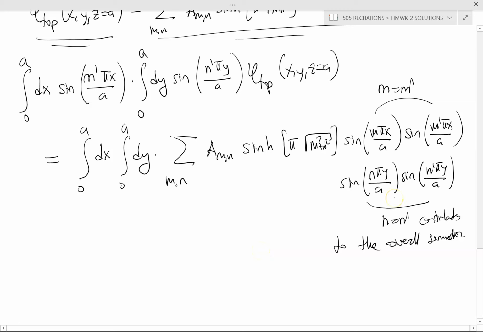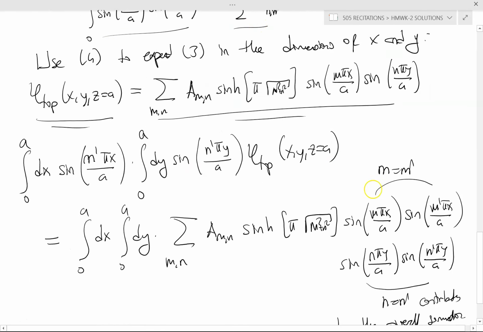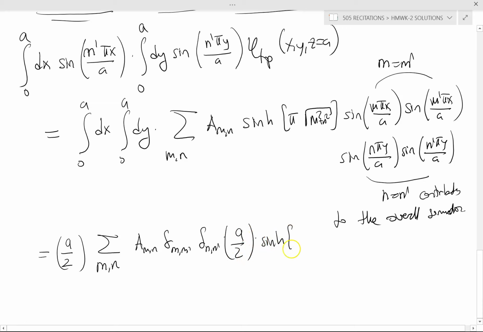So given these circumstances now, let's check out the Fourier again, this integration is equal to this much, a over 2, a_mn, sigma mn prime, similarly sigma nn prime, but a over 2 again, multiplied by sinh argument.